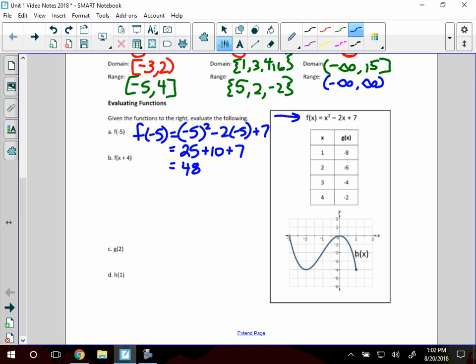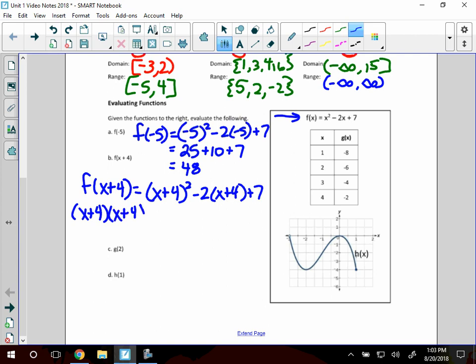All right, f of x plus 4. So that means wherever I see x, I'm going to replace it with x plus 4. Okay, so I have to remember that when I'm squaring something, it really means I'm multiplying it times itself twice, and I have to double distribute.